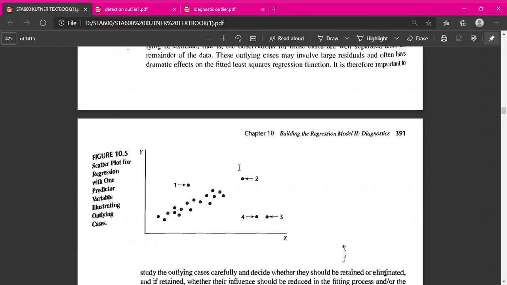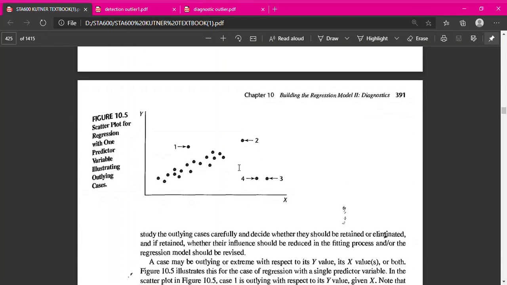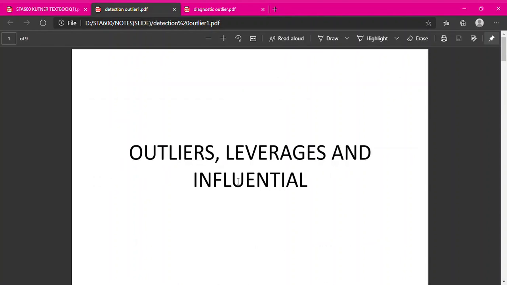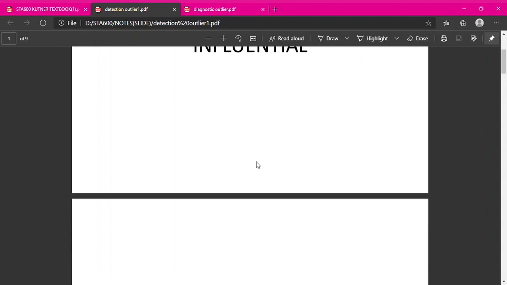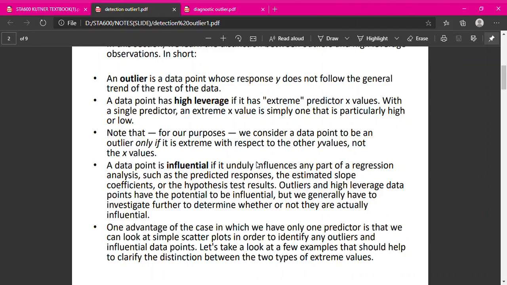Okay, so first of all kita tengok dulu macam mana nak identify the outlier ataupun high leverage point or influential observation using the scatter plot. Alright, so I pergi kepada sini one by one. Okay, beza antara outlier dan leverage dan juga influential observation. Okay, kita baca sikit dulu.